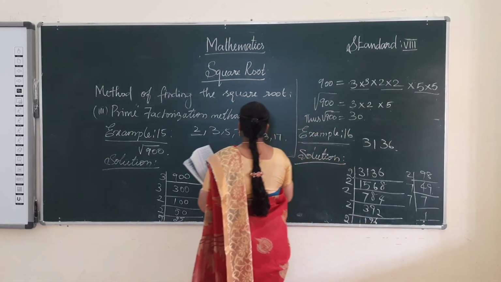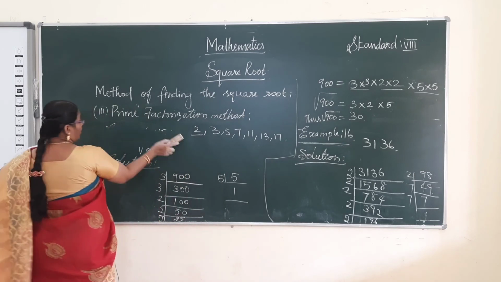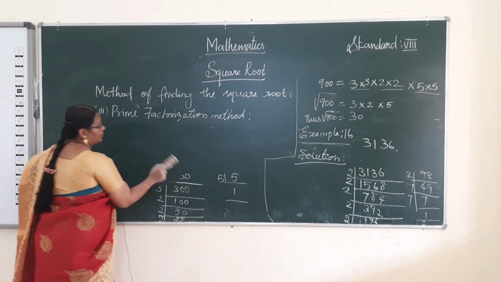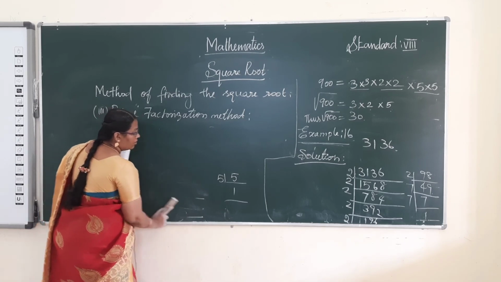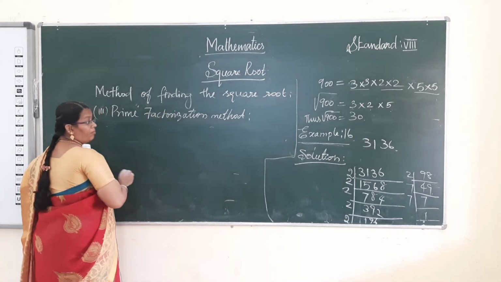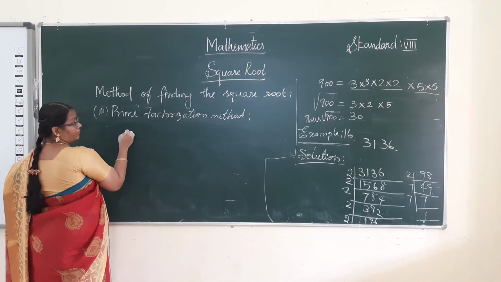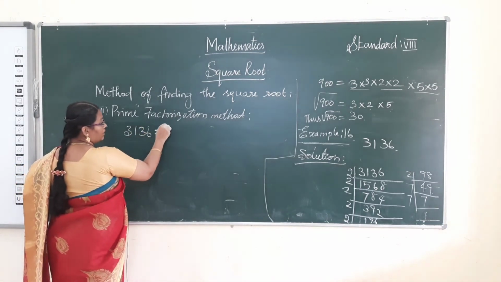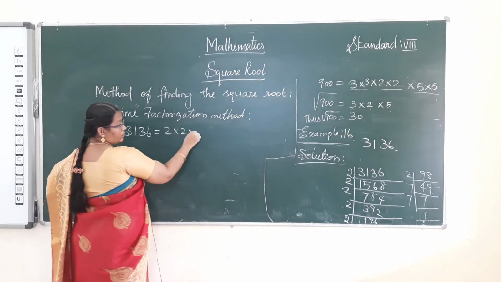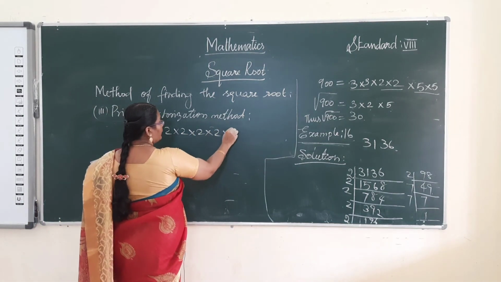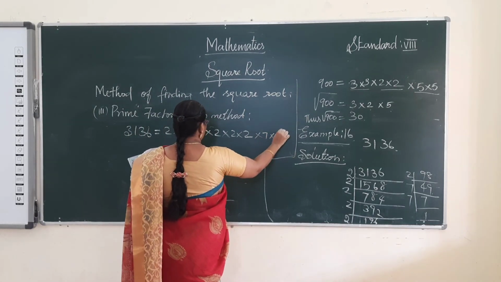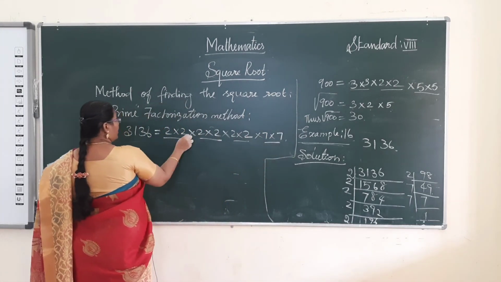Okay, so now make pairs of equal factors. 3136 is equal to 2 into 2 into 2 into 2 into 2 into 2, and then 7 into 7. These are the pairs.